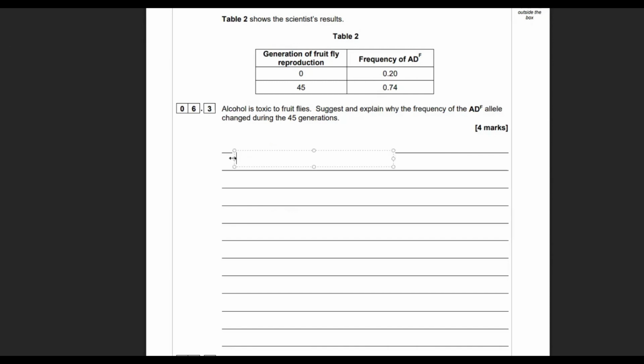So we want to say the mutation that gives flies the ADF allele means they can break down, I should use the word hydrolyze, but I'm not going to go back, break down the alcohol faster. So they are more likely to survive. You know this as survival of the fittest, more likely to survive. If they're more likely to survive, what are they more likely to be able to do?